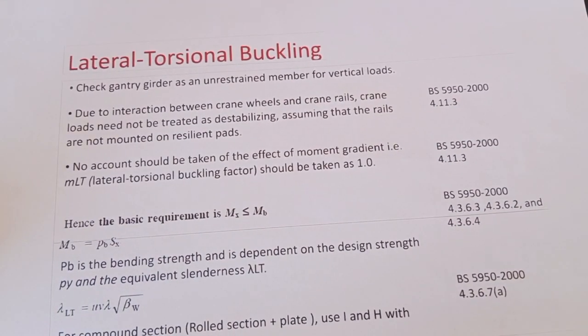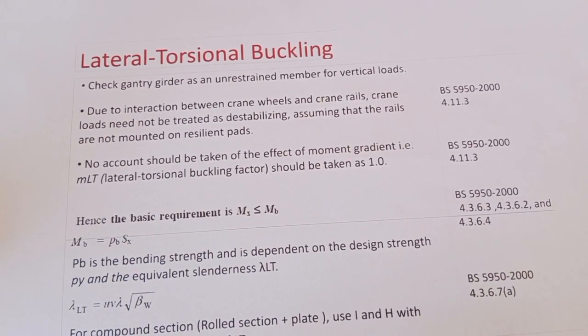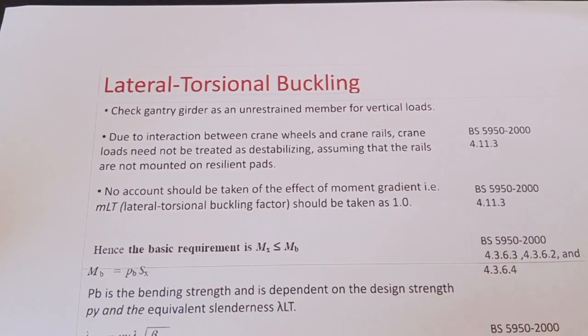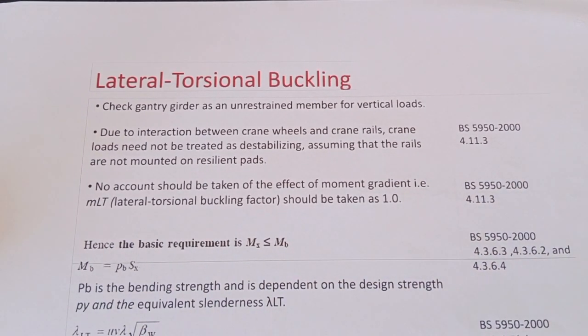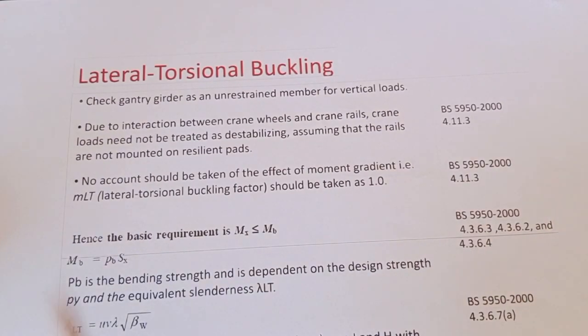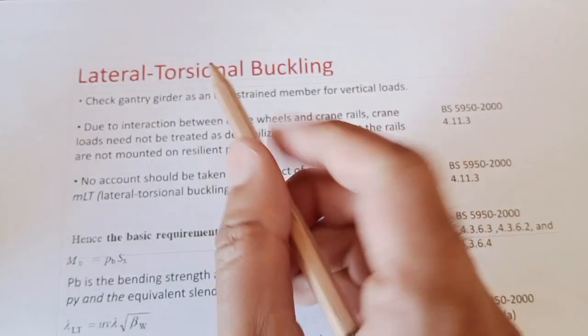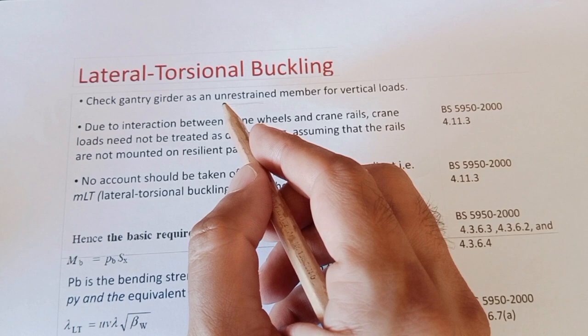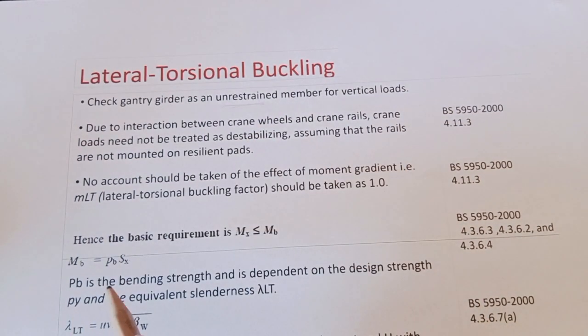Next one is lateral torsional buckling. We assume that there are no lateral supports on the rail and between supports, and we need to check for this. So we assume that it is unrestrained and there is no lateral support for the top flange and bottom flange in general.